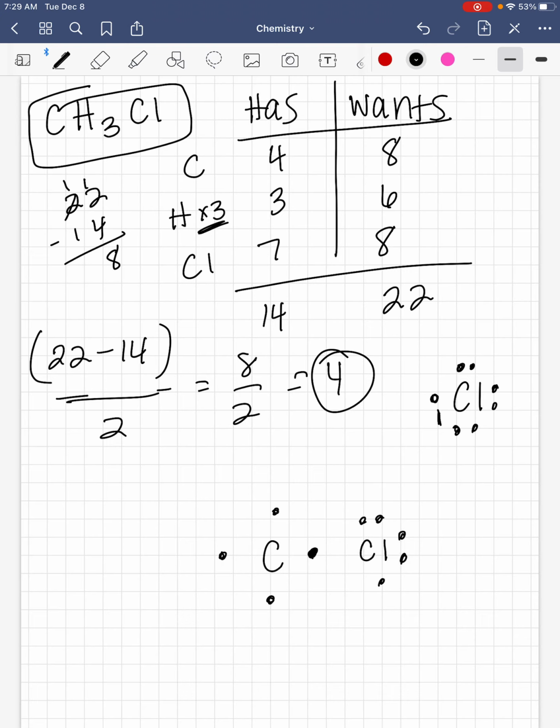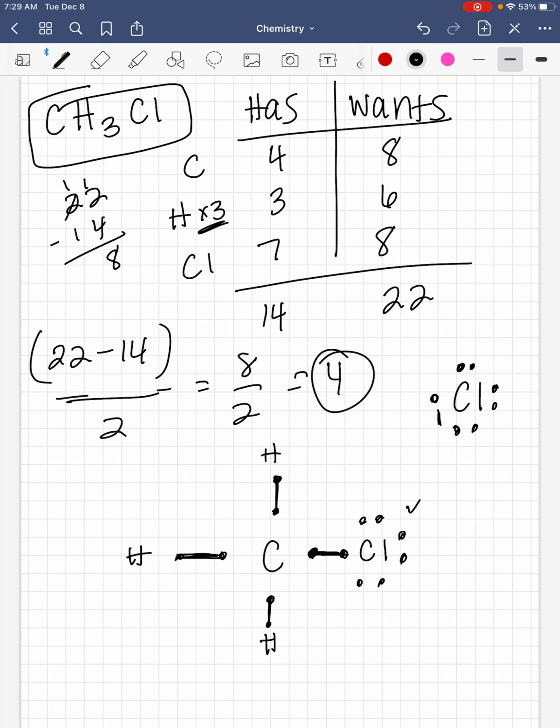Here we go. So chlorine had 7 originally, and then linking up with this carbon gave it 8, so this one is good. And then I have 3 hydrogens, and I'm going to do very similar to the last one and just plug them up at the end of this carbon. Link it up, link it up, link it up.